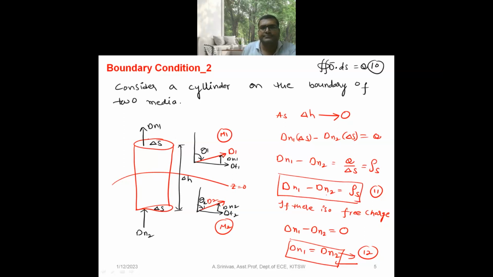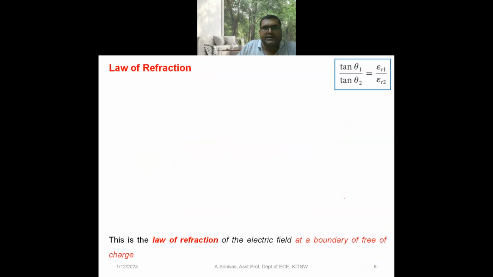The two conditions are derived. Now, the law of refraction of electric field. In the previous slide, we derived Et1 is equal to Et2, and Dn1 is equal to Dn2.